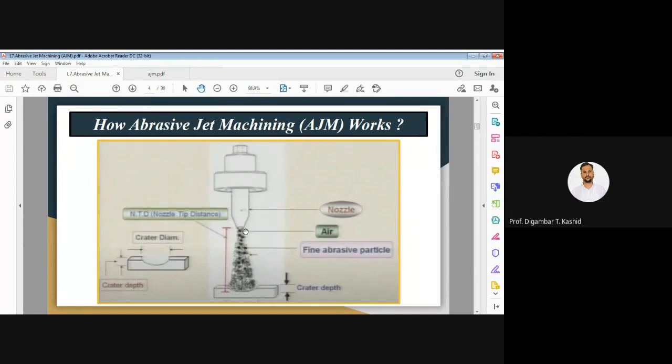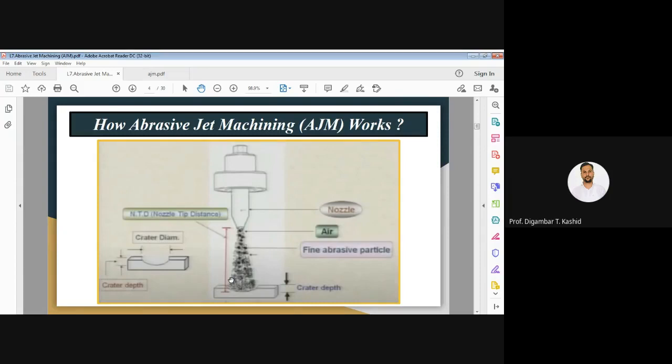When abrasive particles with very high velocity have huge kinetic energy, and strike or impinge on the workpiece, due to that high kinetic energy, erosion, that means removal of small particles from your workpiece, will take place. So that is called erosion. Brittle fracture will occur if your material is brittle and hard, and if the workpiece is ductile, deformation will take place.